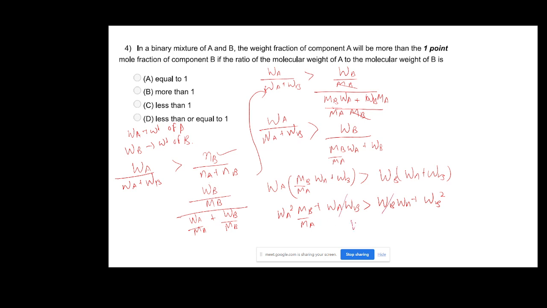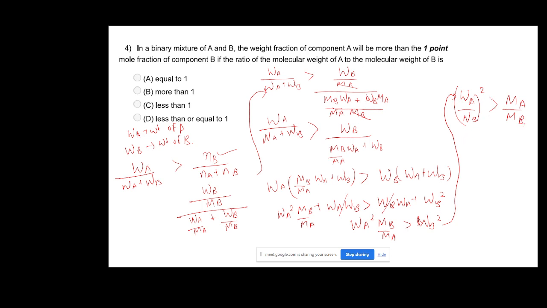So what remains is WA square MB by MA is greater than WB square. If we further solve this inequality and rearrange, then WA by WB the whole square is greater than MA by MB.